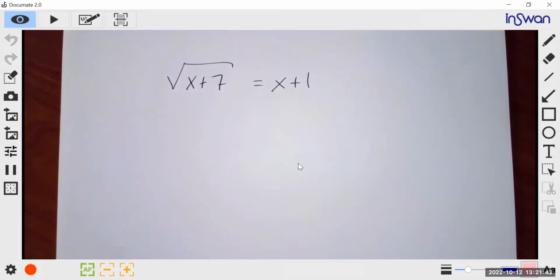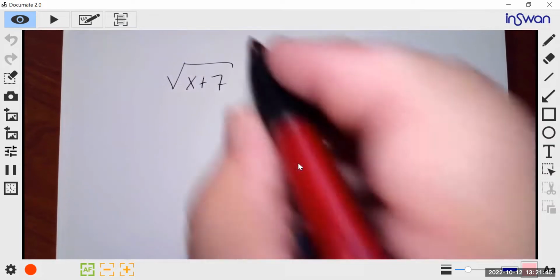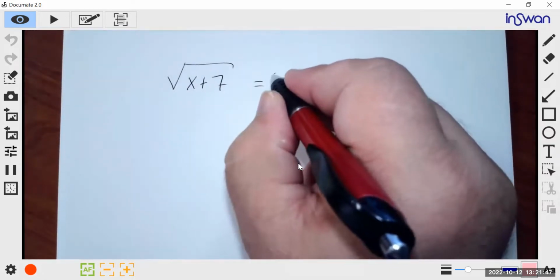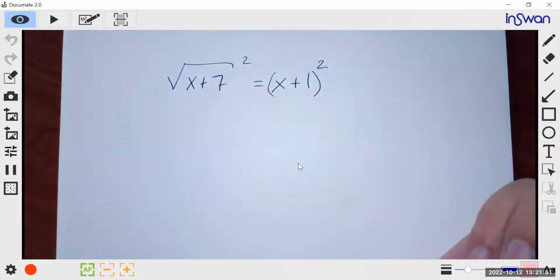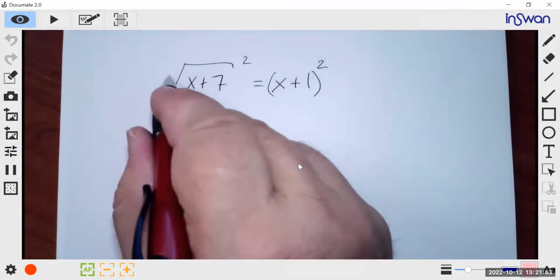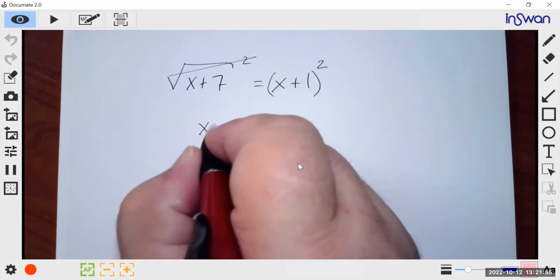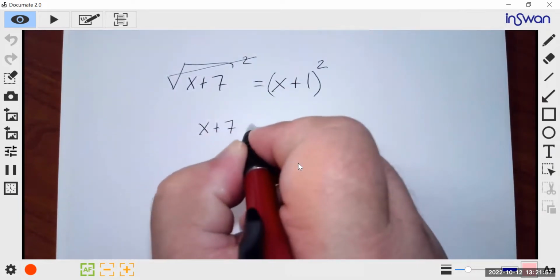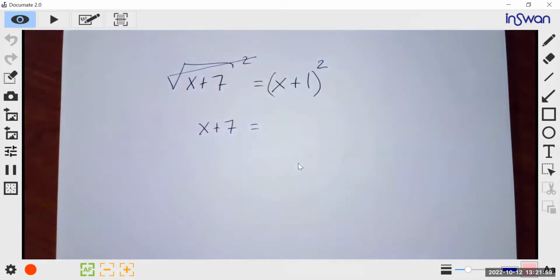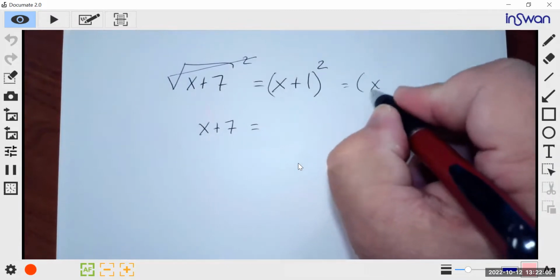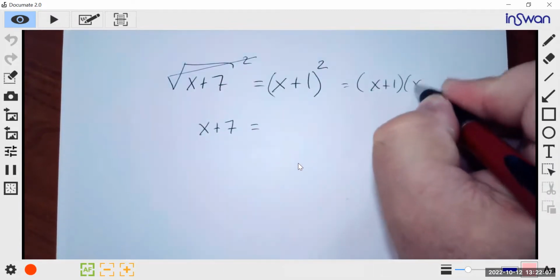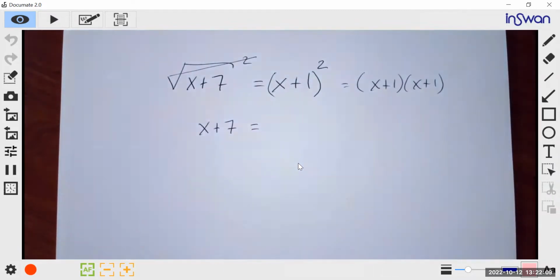So we do what? Square both sides. Since this is an equation, we have to put parentheses around it. We have to square both of these. So X plus 7. What happens to the right-hand side? No, but what that means is X plus 1 times X plus 1. We have to multiply those together.